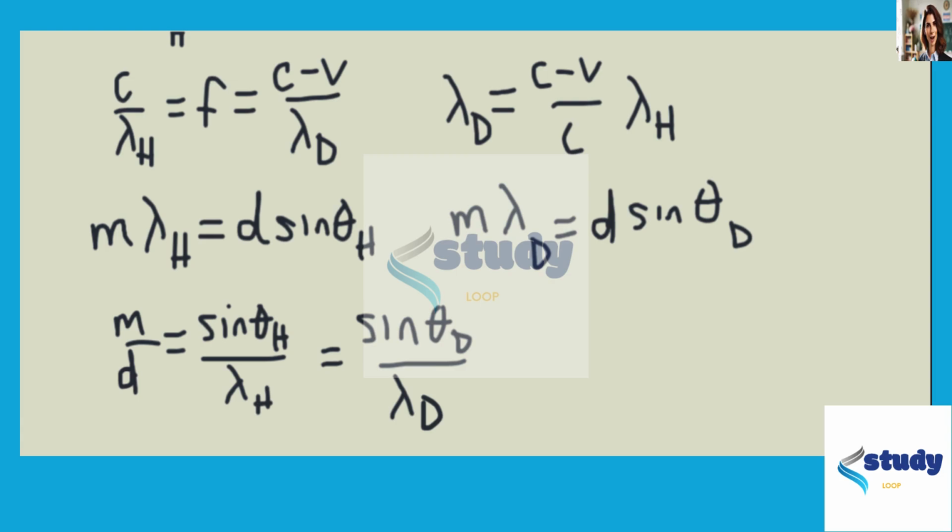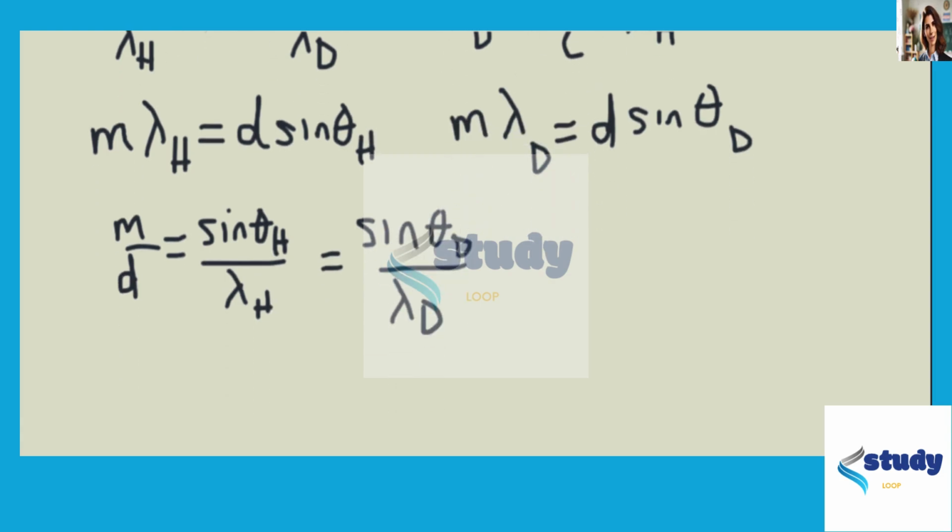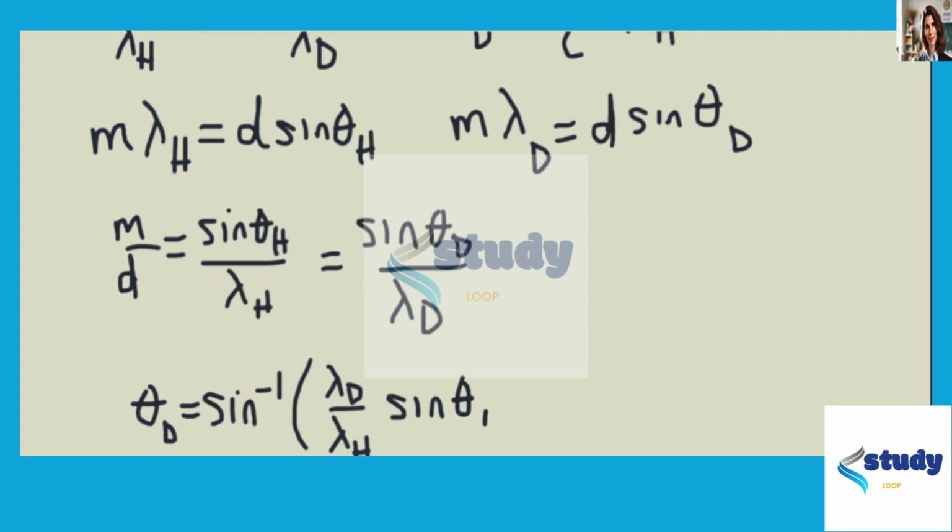Now, if I rearrange this and solve for theta d, then I get theta d is the inverse sine of lambda d over lambda h sine theta h.